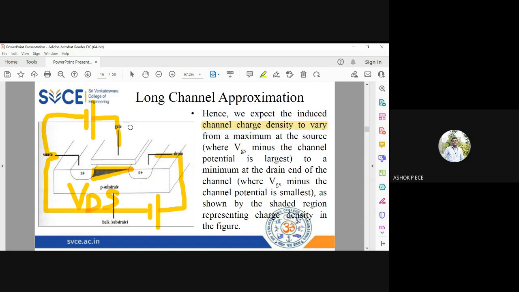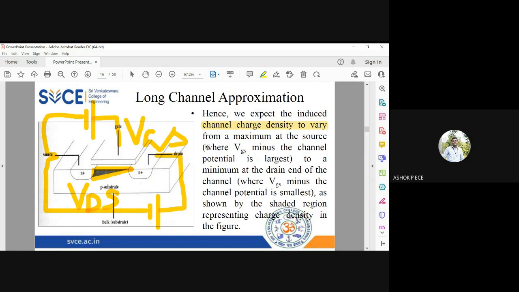So I maintain the gate voltage VGS, and now I slowly give a positive voltage VDS to my device. I can see the channel charge density varying from the maximum at the source. When I'm giving positive voltage to the drain and negative voltage to the source, I have maximum charge density at the source side, and it slowly reduces and becomes minimum at the drain side.